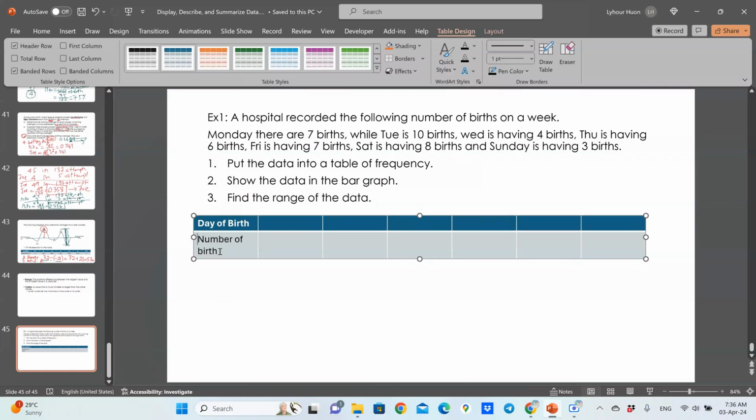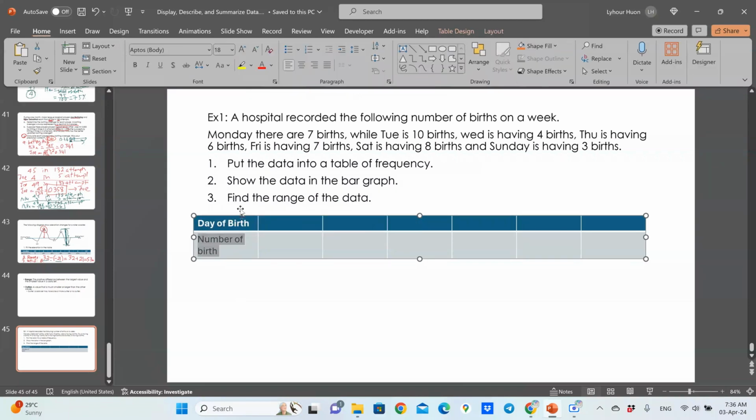How many births is the question. It's not the wording that should be put in here. The wording that should be put in here is the answer. So this should be number of births. Get it?